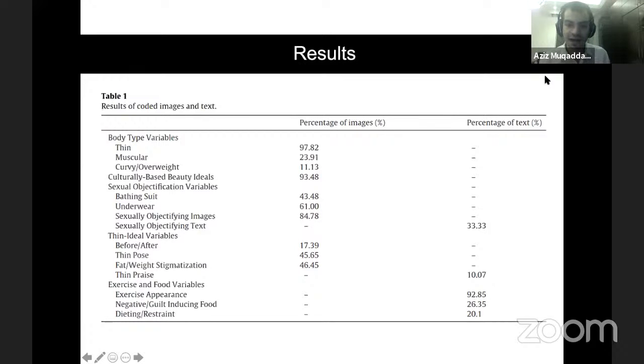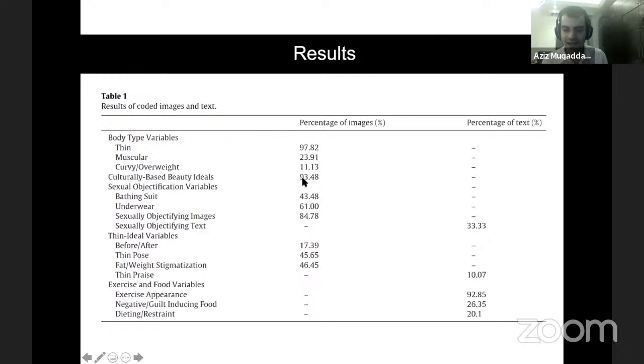So almost 98% of the images had a thin body type. About 24% had a muscular body type, and about 11% had a curvy or overweight body type. Culturally based beauty ideals were represented in about 93 and a half percent of the images.